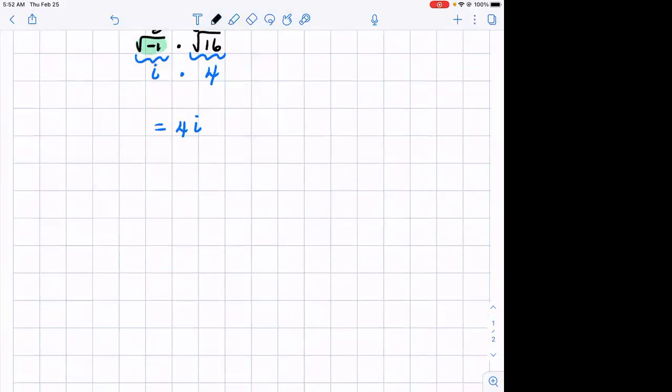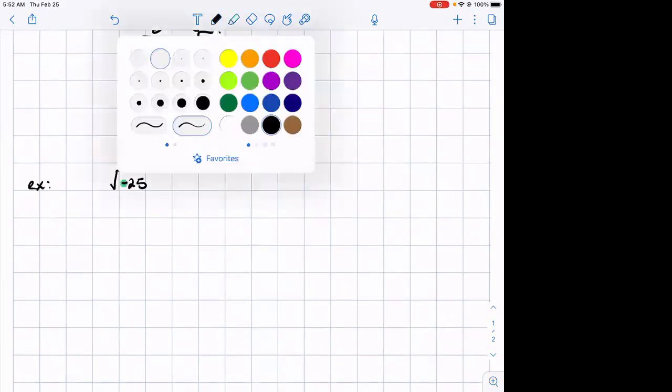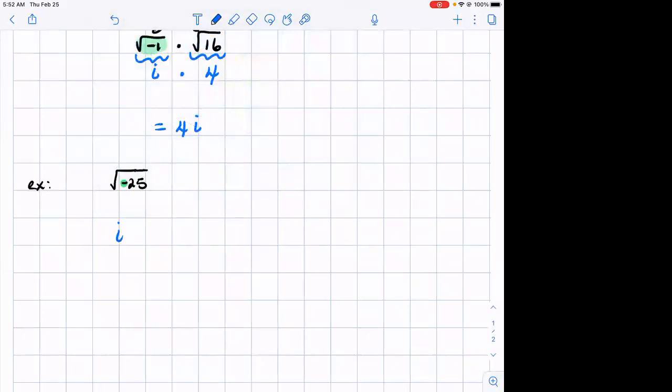If we look at this example, the square root of -25, because we know that there is a negative here, that negative automatically comes out and can be written as i times the square root of 25. So there is a hidden step.